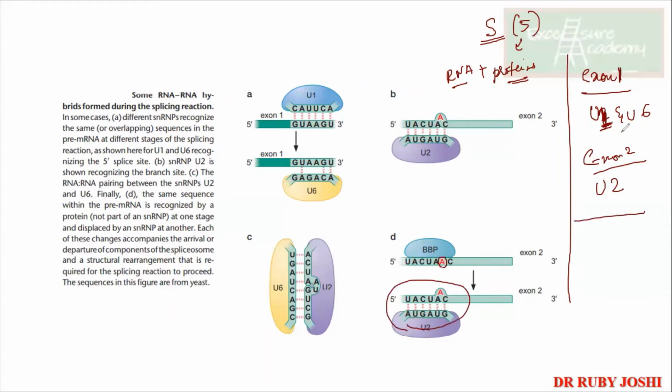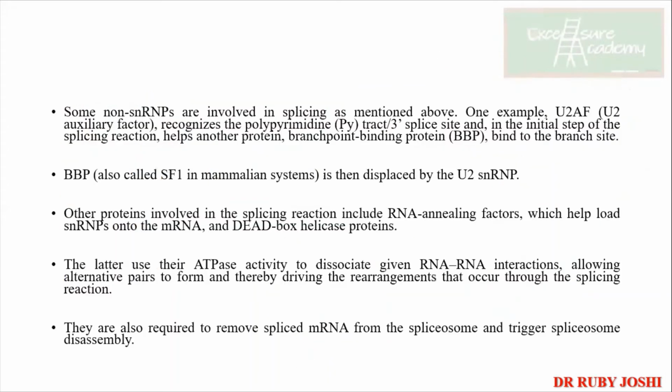Among all the 5 snRNP proteins, U2 and U6 can also base pair. How is this? Just because of the similarity in the base pairing. Okay? Now with this understanding, let's proceed.